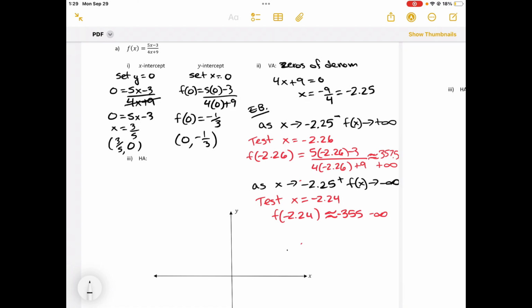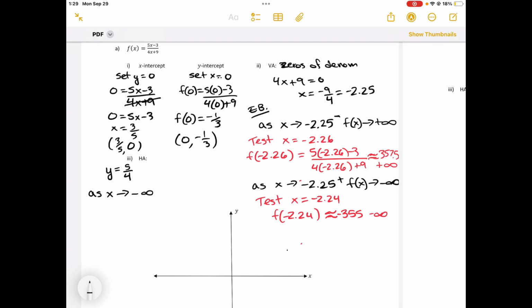The last thing I need to check are my horizontal asymptotes. Horizontal asymptotes are the ratio of my largest degree coefficients, and they are always a horizontal line. This time I've got 5 over 4. And then I also need to check my end behaviors. So this is also called the large number test.